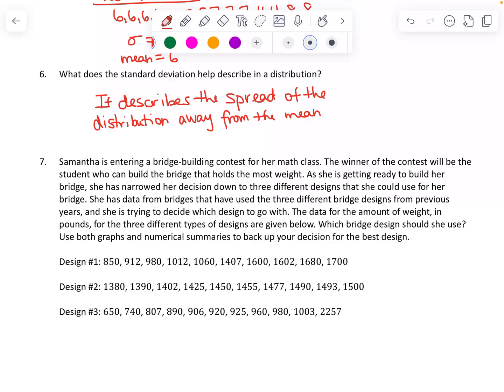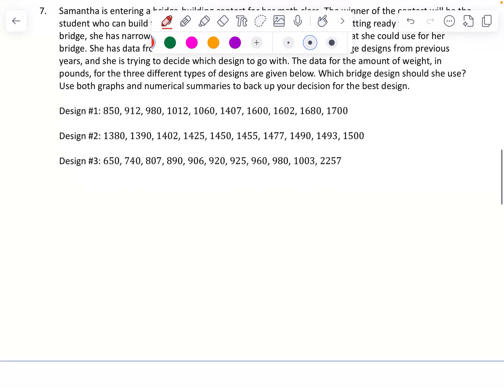All right. So I'm going to go ahead and go to Desmos, and we're going to put in our data for design 1. So we're going to kind of split this zone down here into 3. So this will be for design 1, that's design 2, and design 3. Like that. Okay.